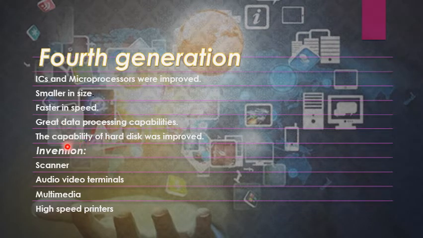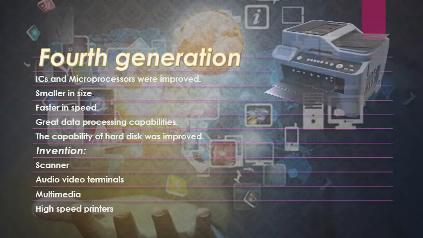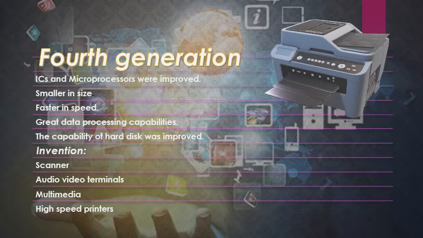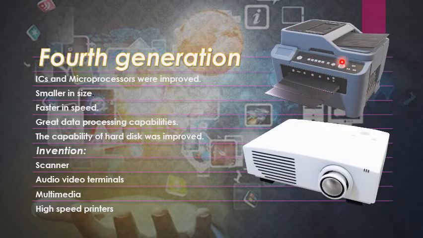In fourth generation of computers, here are some of the inventions like scanner, audio video terminals, multimedia, and high speed printers. This is how the high-speed printers look like. They work at our fingertips. That's why they are called high-speed printers. This is a multimedia projector.